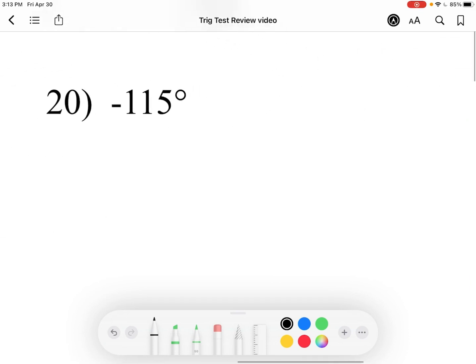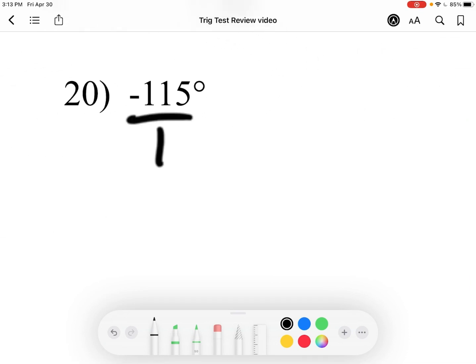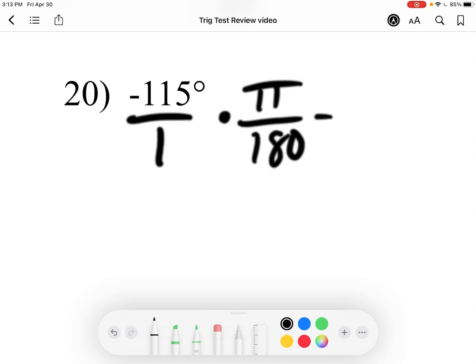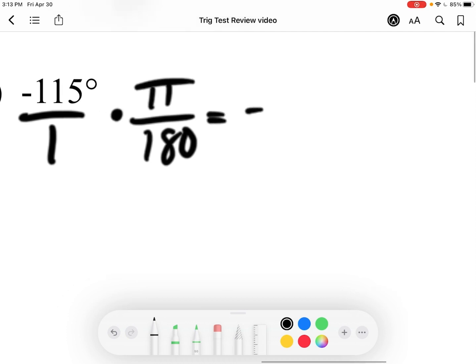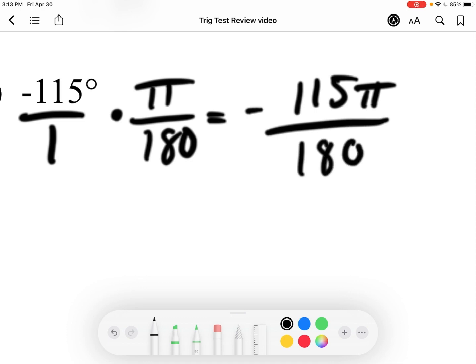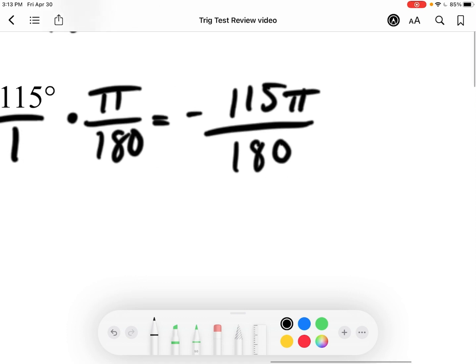We're going to do the same thing for number 20. First we change it to a fraction and multiply by pi over 180, and we get negative 115 pi over 180. Same thing, go to your graphing calculator.